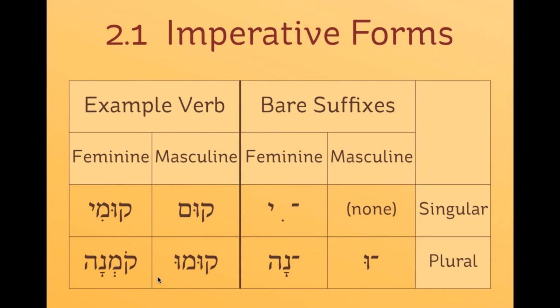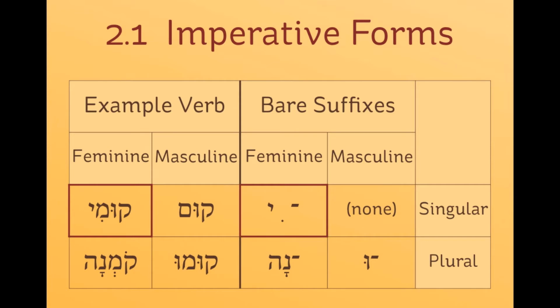So you can tell what the referent of the imperative is by looking at the ending. We see the masculine singular endings. Well, here there is no ending, so the default form of the imperative, that's the masculine singular. But when it inflects, it's 100% predictable.